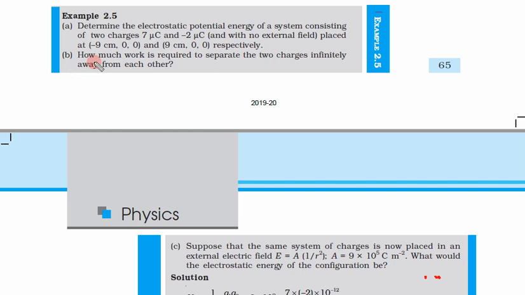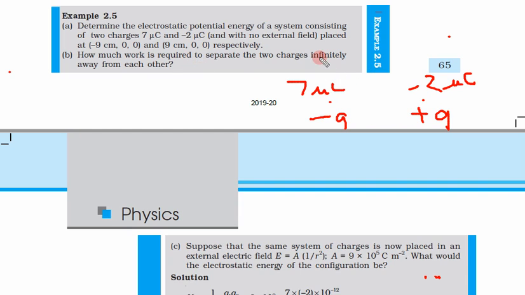Now the second thing is, how much work is required to separate the two charges infinitely from each other. In the first case they are at -9 and +9 centimeter. This is 7 microcoulomb, this is -2 microcoulomb. Next time we have to separate them to infinity, so this one is at infinity, and this one is also at infinity. So how much work do we need to do?